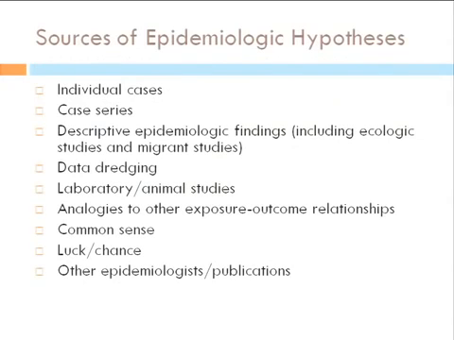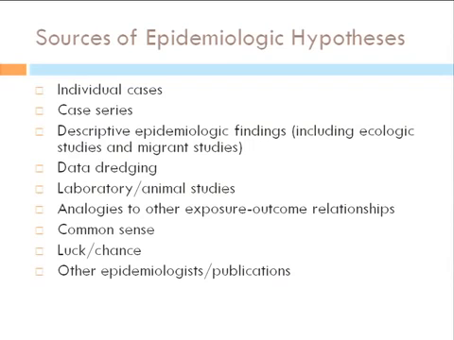Okay, so there are a lot of different sources of epidemiologic hypotheses. You can have individual cases leading to a hypothesis, case series, descriptive epidemiologic findings, and that includes ecologic and migrant studies. Data dredging. Do you know what data dredging is? Basically taking a database and looking at all the different things that you could possibly look at to see if there are any associations that you find.